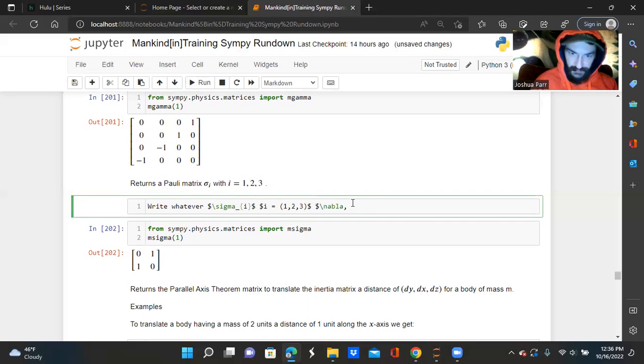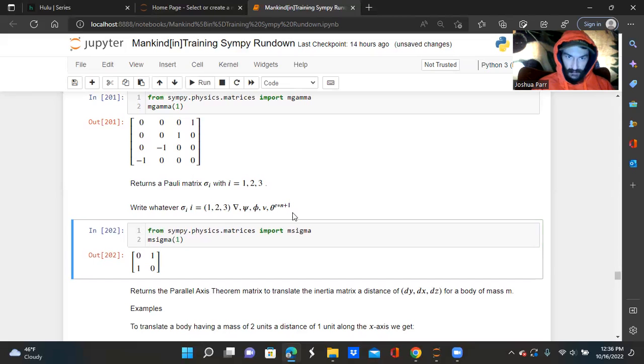New dash theta to the power of e times n plus 1, and another dollar sign at the end.